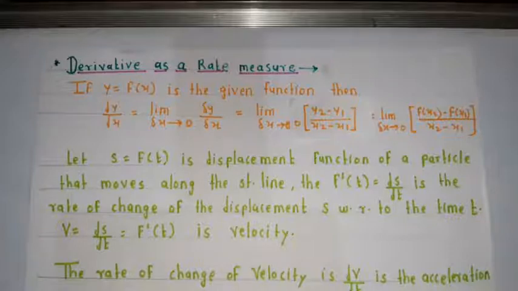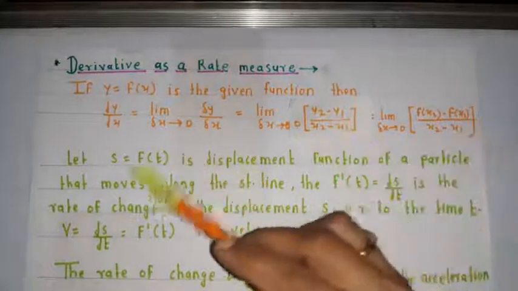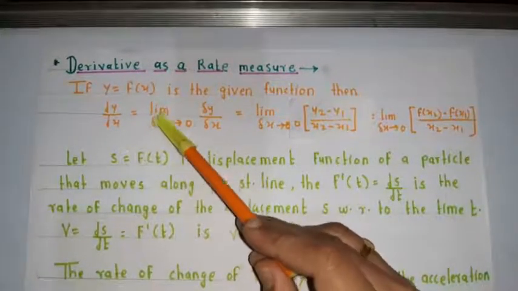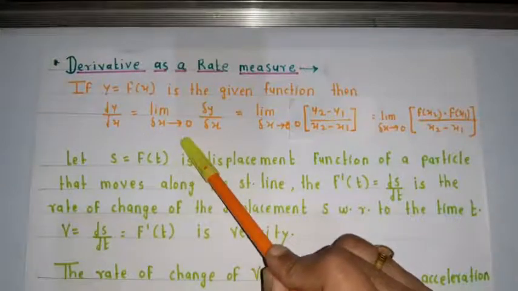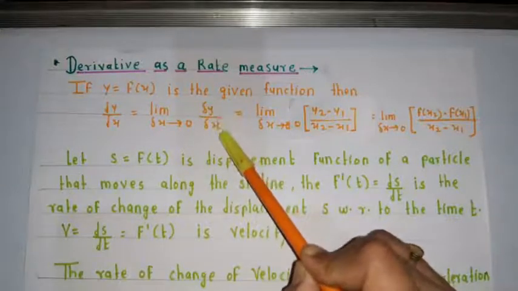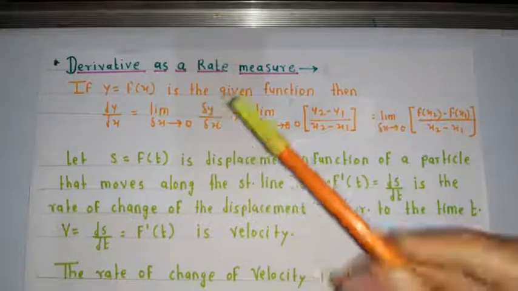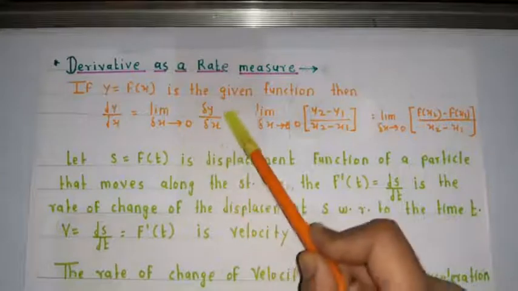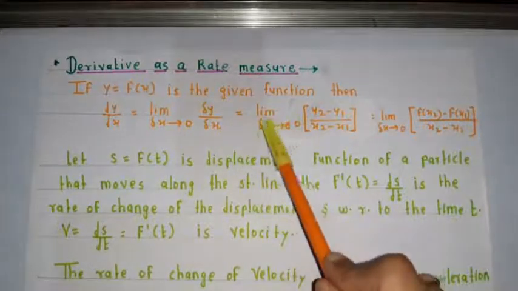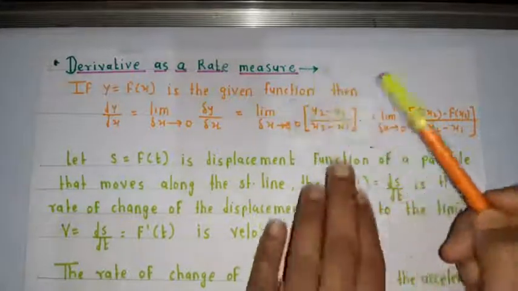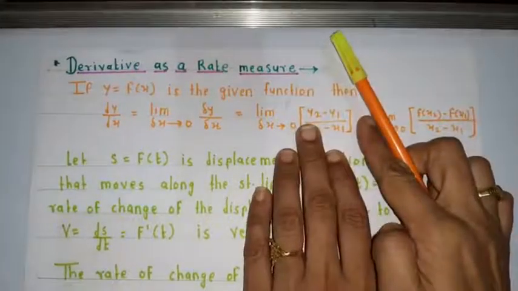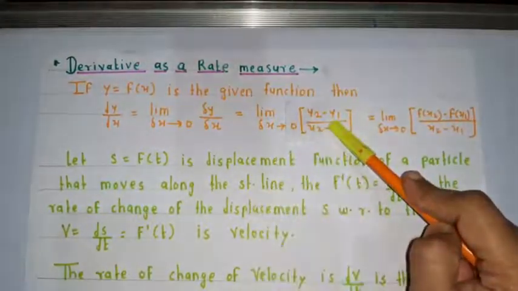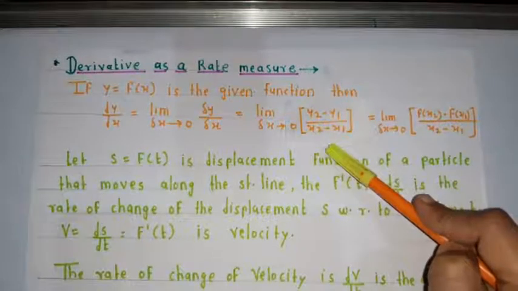Then we know that dy by dx equal to limit delta x tends to 0 delta y upon delta x. As you all know, dear students, dy by dx equal to limit delta x tends to 0 delta y upon delta x, and that is equal to limit delta x tends to 0 y2 minus y1 upon x2 minus x1.